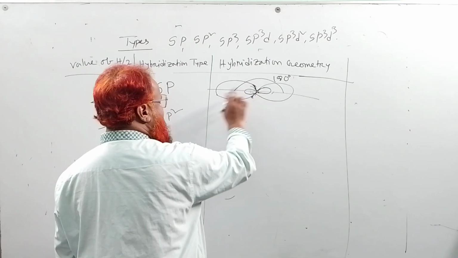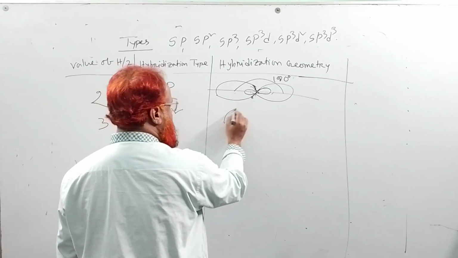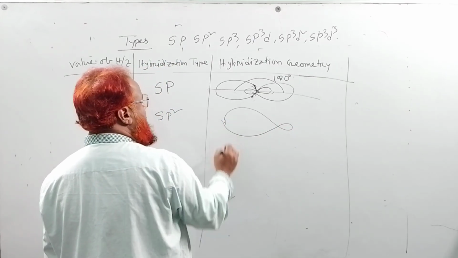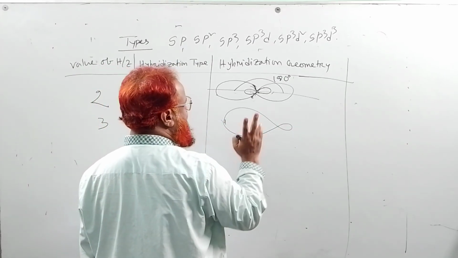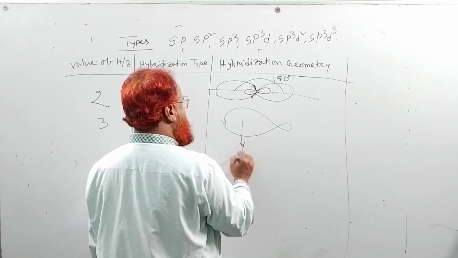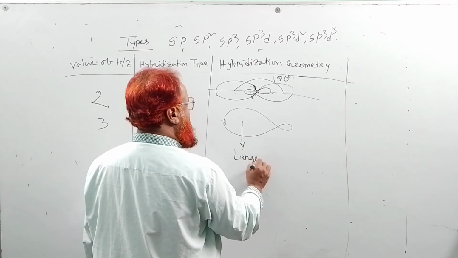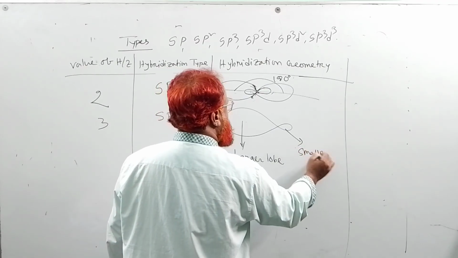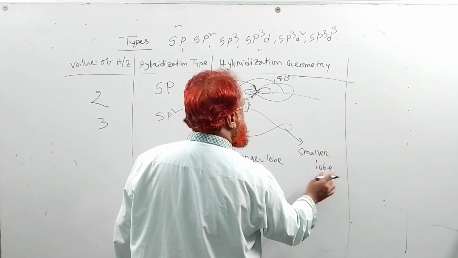Now, try to understand the diagram. This is an sp hybrid orbital, for example. So, any hybrid orbital has 2 parts, that is the larger lobe, and this is the smaller lobe. Lobe means part.